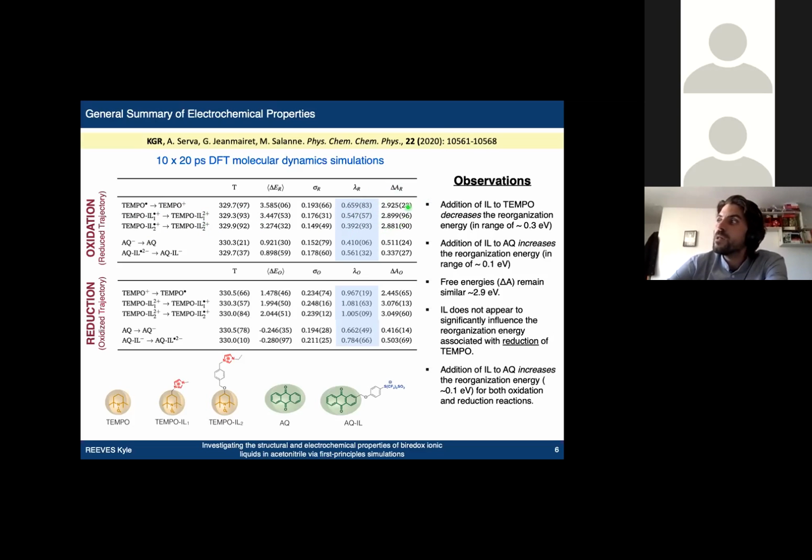But overall, if we take a look at the free energy, we notice that it's very similar, in particular because this decrease is compensated similarly in the change in the average energy difference. So that is to say, we can begin to explore and investigate the ways in which these electrochemical properties vary, and ultimately also go back to the atomistic details of the simulations and look at what is possibly contributing to that as well.